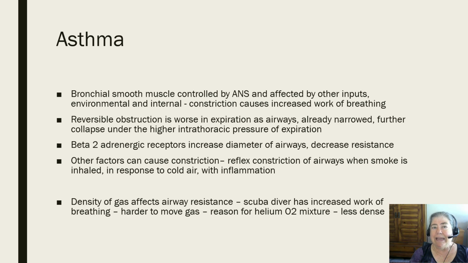And the epinephrine, which is a non-selective adrenergic agent, beta 2, beta 1, alpha, would help decrease airway resistance, but it would also do everything else that it does, like constrict vessels and increase heart rate. And so it was a drug that had some good effects, some adverse effects, and was not optimal. So the development of albuterol, which is more selective, was very helpful for people with asthma.